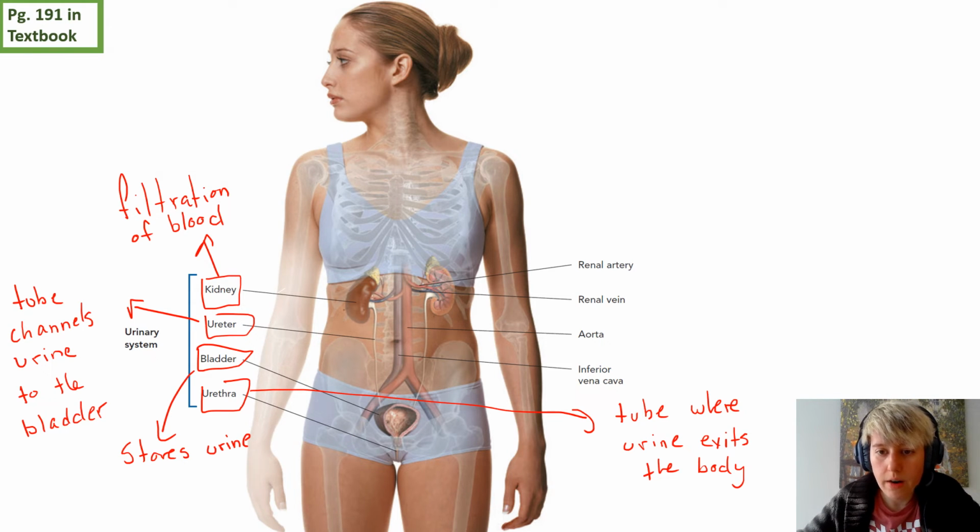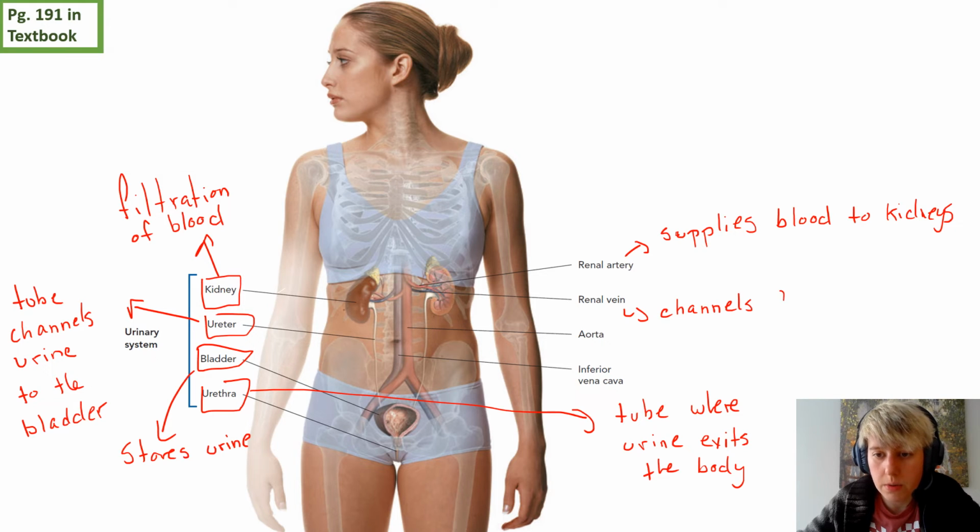The renal artery is the artery that supplies blood to the kidneys to get filtered, and then the renal vein is the vein that channels the filtered blood into the inferior vena cava.